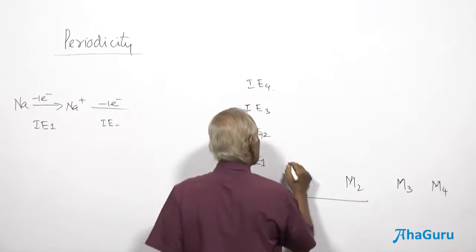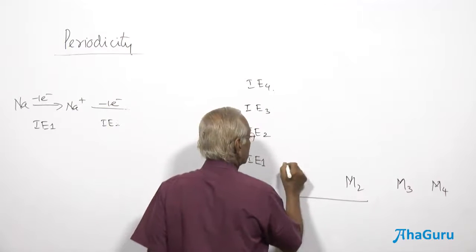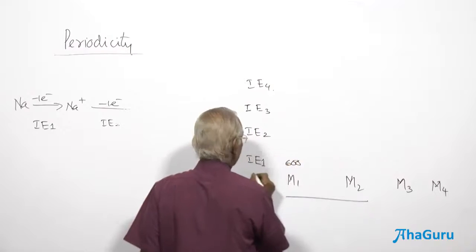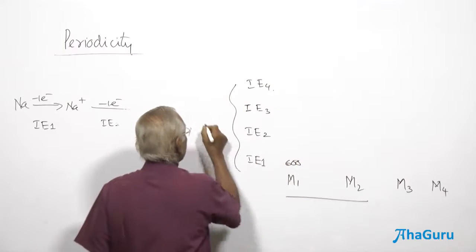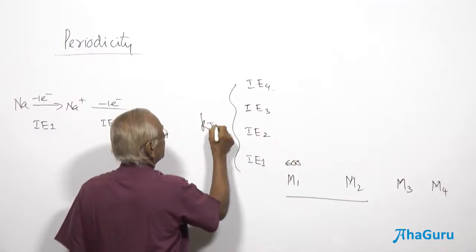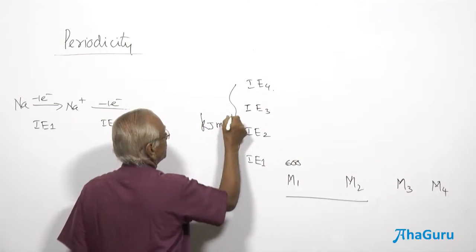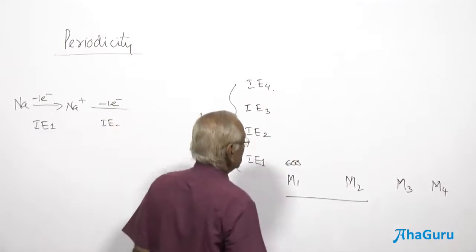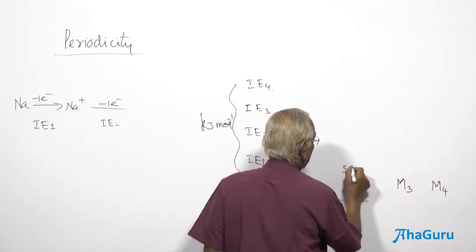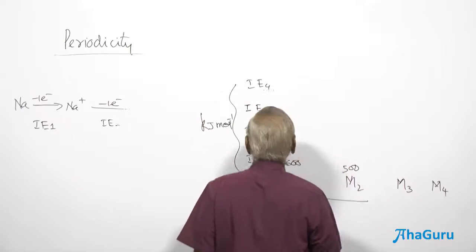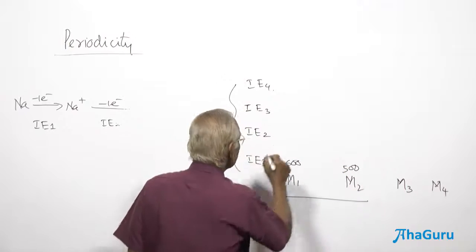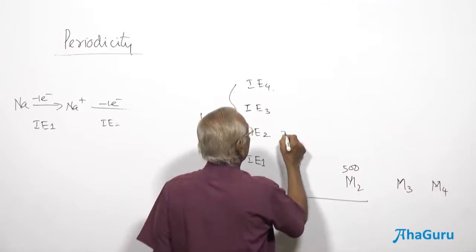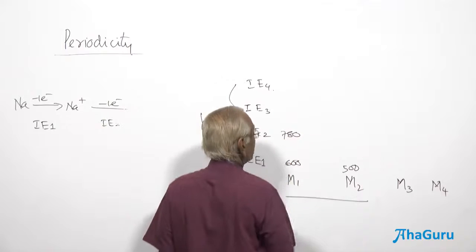Now, this is going to be 600 kilojoules per mole. All of them are expressed in terms of kilojoules per mole. This is going to be 500 kilojoules per mole. This is going to be 780 kilojoules per mole.